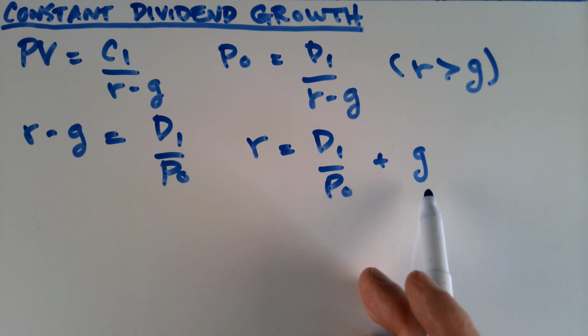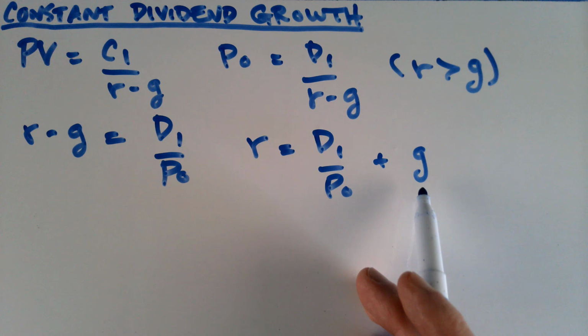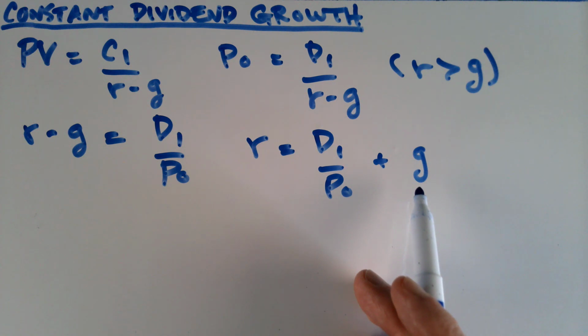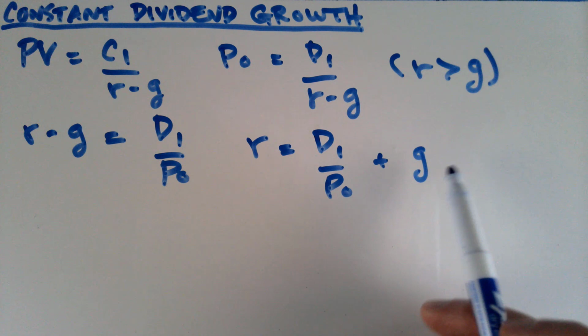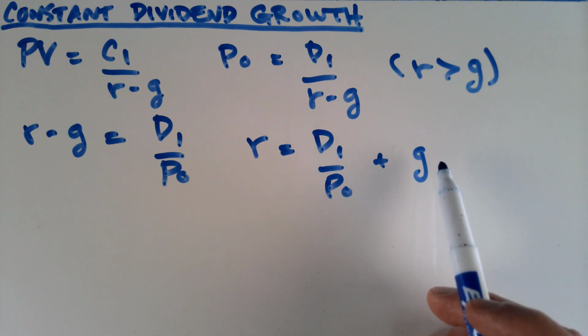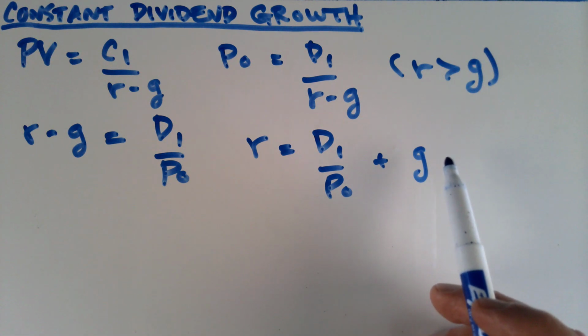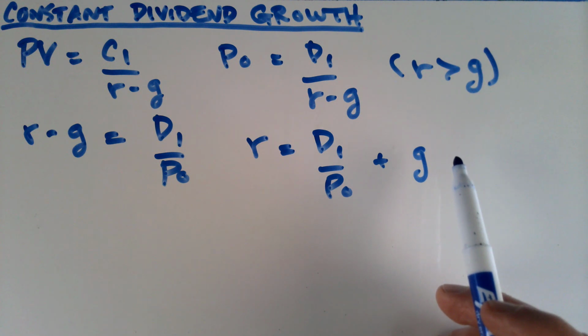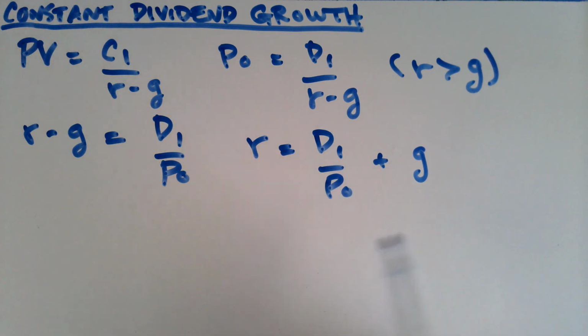Well, what does that mean about G? It means that G must be equal to the capital gains yield. And what is the capital gains yield? It's simply the growth rate in the stock price. And so the conclusion that we reach here is that not only do the dividends grow at the rate G, but also the stock price grows at the rate G.